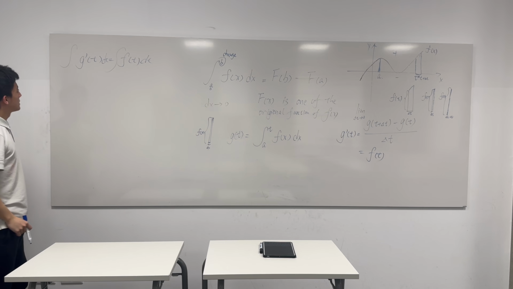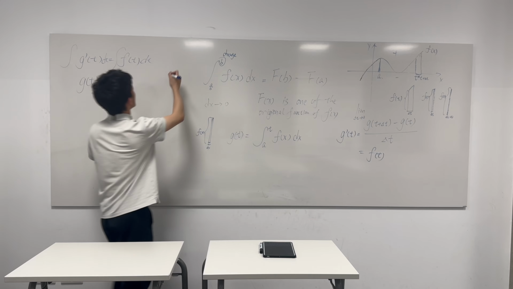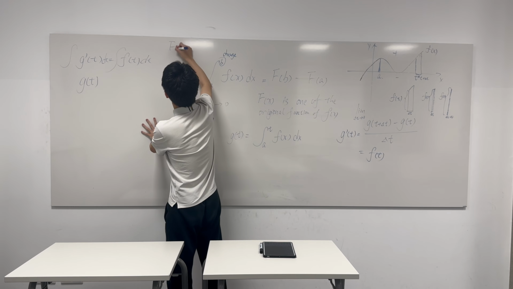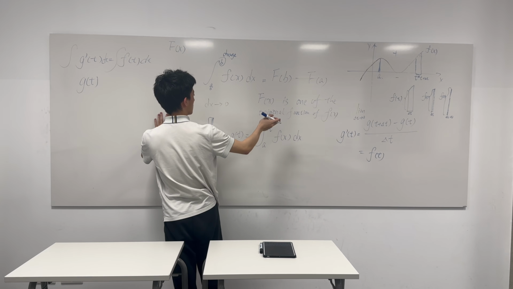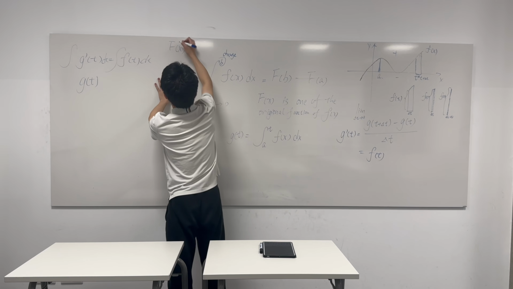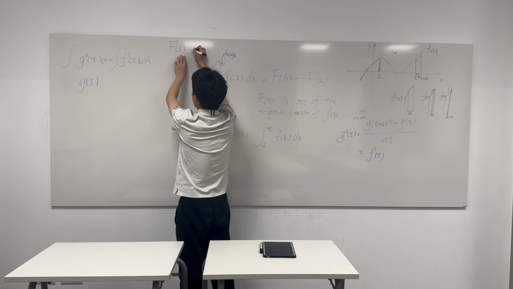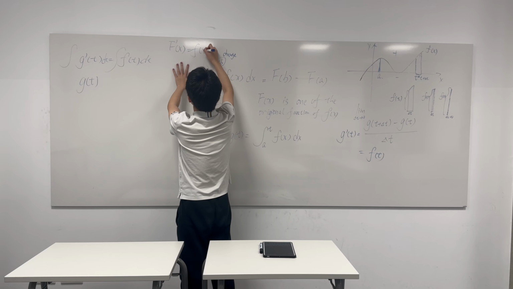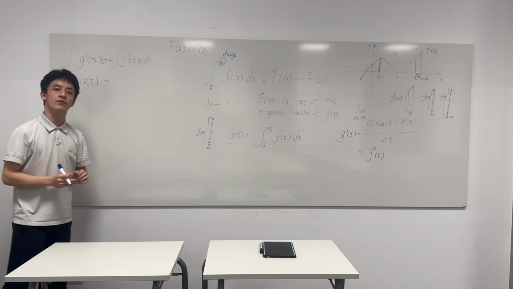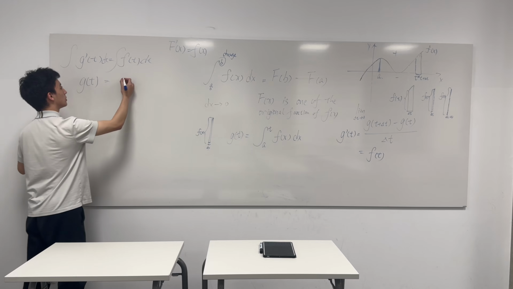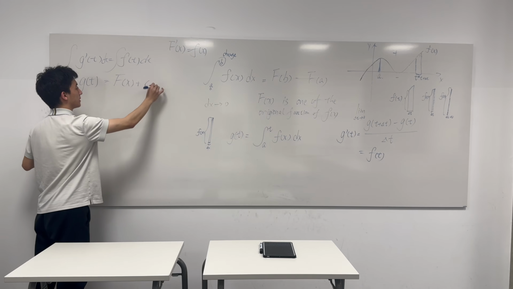Okay, and then on the left side obviously we should get gt, and we assume capital F x is one of the origin functions of small fx. Okay, so which means capital F derivative x is equal to small fx. So according to the rule of indefinite integrals, we know that gt should equal capital Fx plus c.